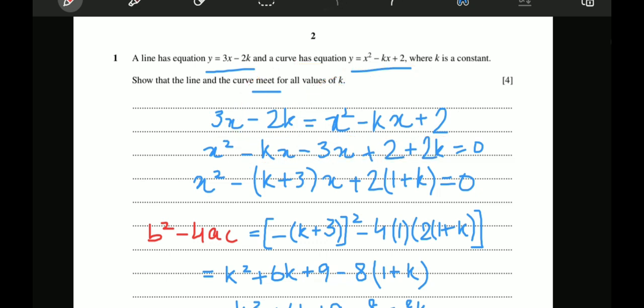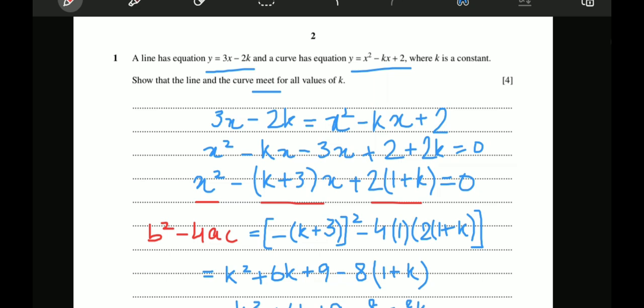Next, we arrange the x values together and the constant values together. So x square minus (k plus 3) in the brackets x plus 2 into (1 plus k) equals 0.